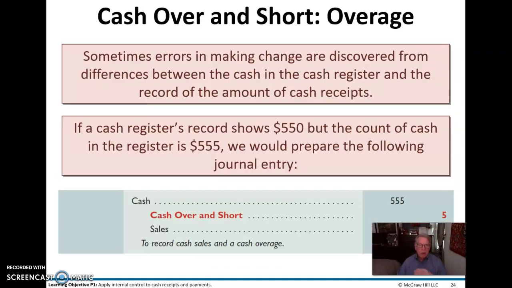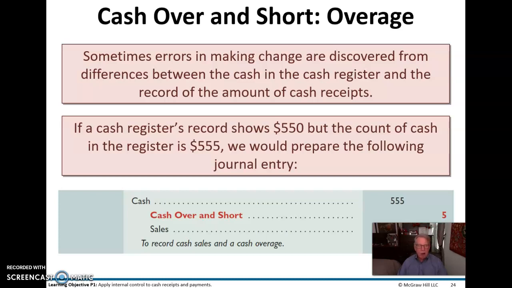Cash over and short. Every now and then there are errors, and normally they're cash short, but sometimes the errors in making change out of a cash register are discovered from the differences between the cash in the cash register and the record of how much should be in the cash register as cash receipts. So in this example, the cash register's record shows 550, but the count of cash is 555.